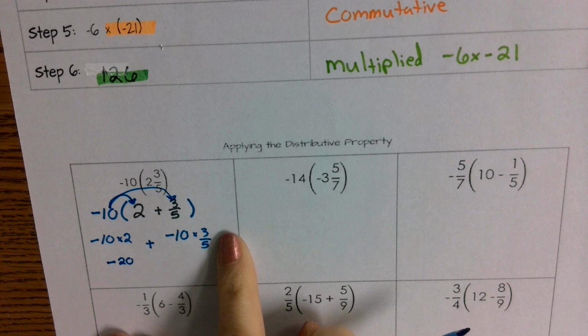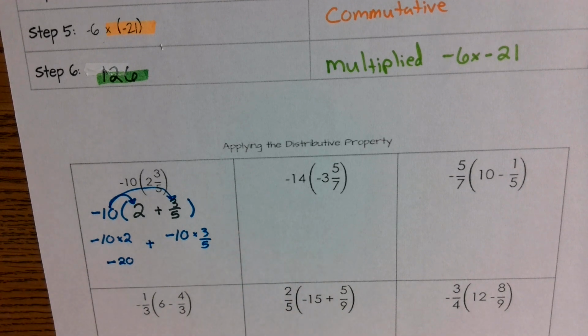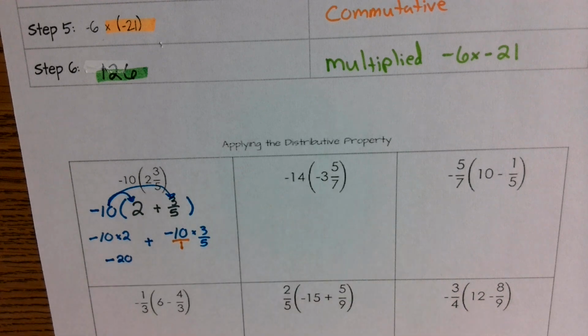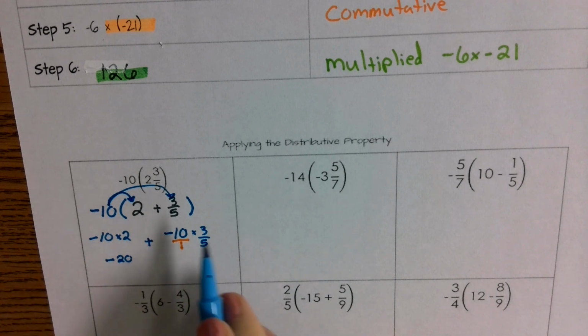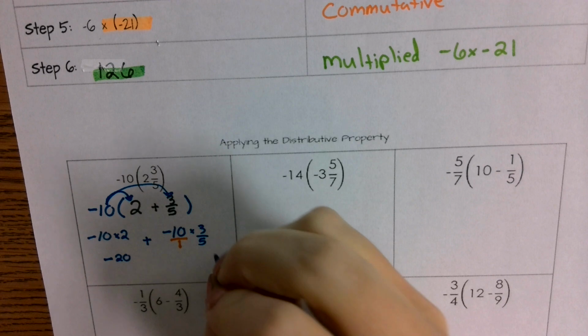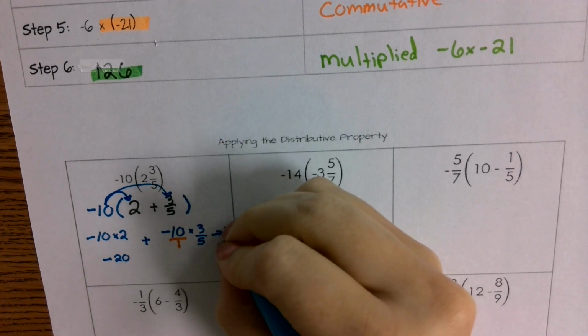Now with our fractions, when we multiply, we like to make sure that everything is in fraction form. So I'm going to put negative 10 over 1. And then I'm going to multiply straight across. What is negative 10 times 3? Negative 30. And what is 1 times 5? That's going to be 5.